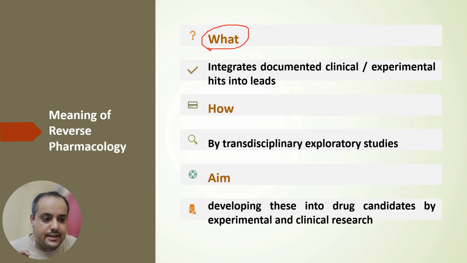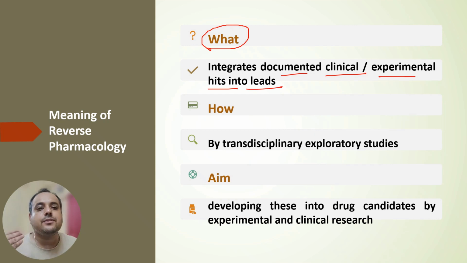It integrates documented clinical or experimental hits into lead compounds. That is, when we are developing a drug, first we have the hit compounds and then the lead compounds, and subsequently from the lead compounds the drugs are developed. This is a conventional pathway, right?